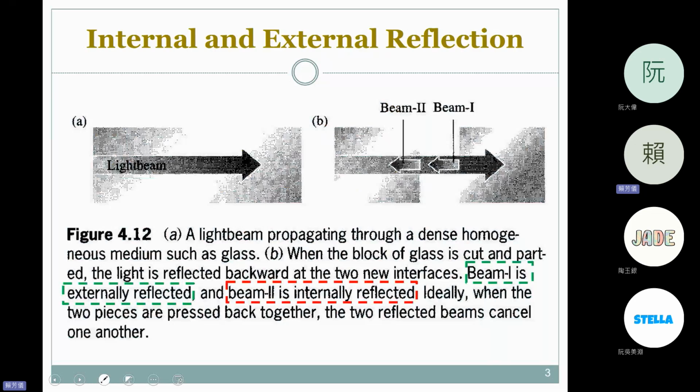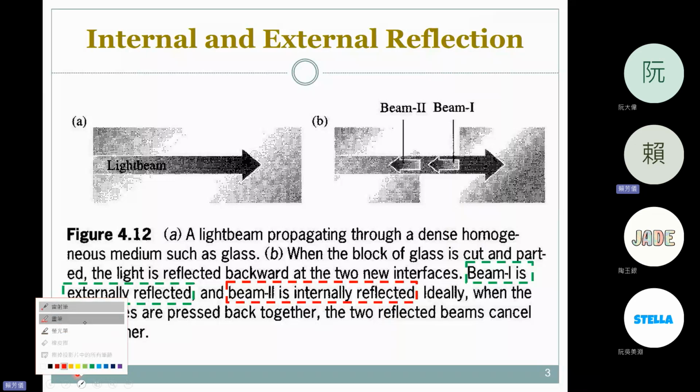And here we also make some special definitions of reflection to show what kind of material the light comes from, such as sometimes from the material with a larger refractive index, or from the smaller refractive index.